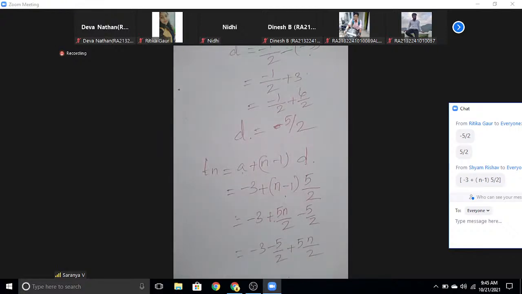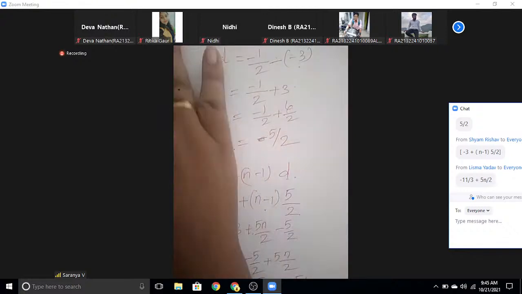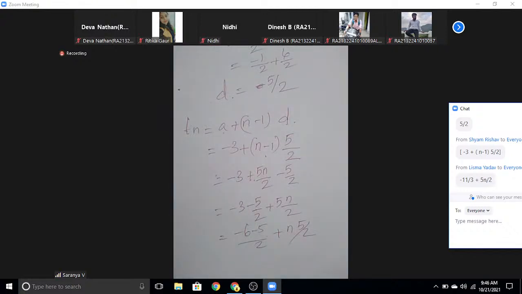Find and post your answers. So it will be minus 6 minus 5 divided by 2 plus n 5 by 2. Right. So minus 11 by 2 plus 5 divided by 2 n.